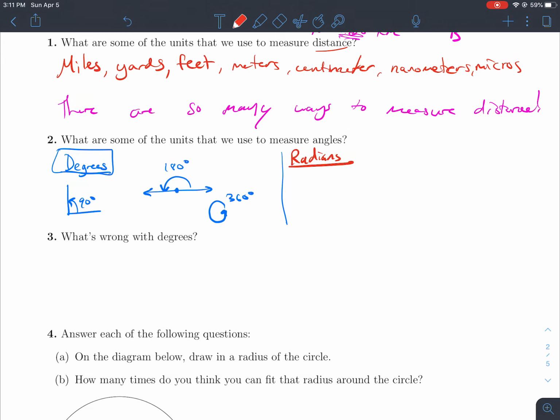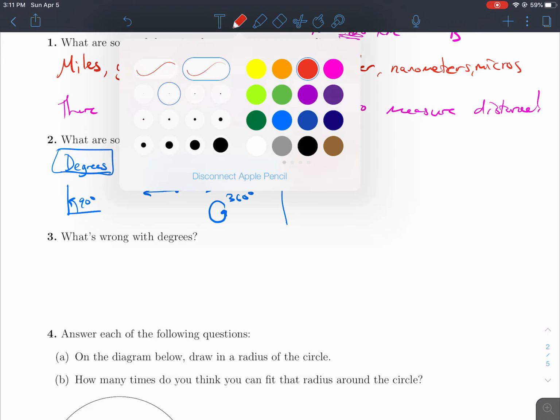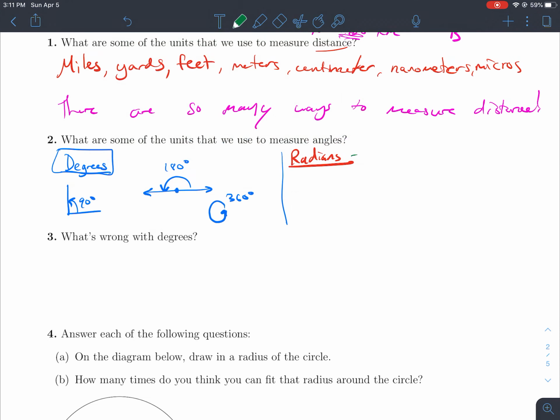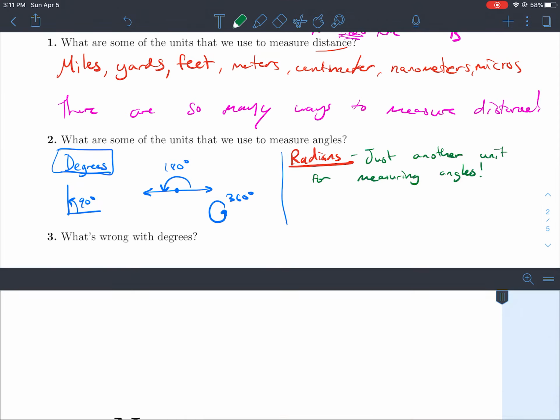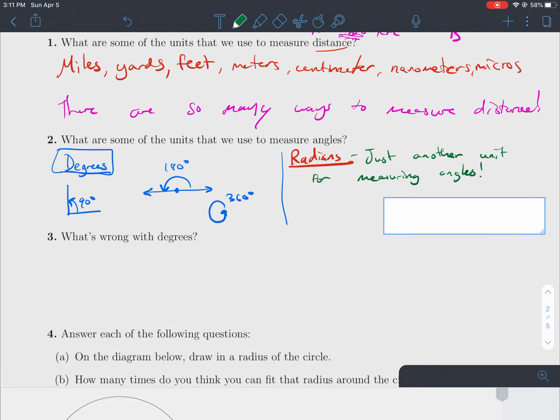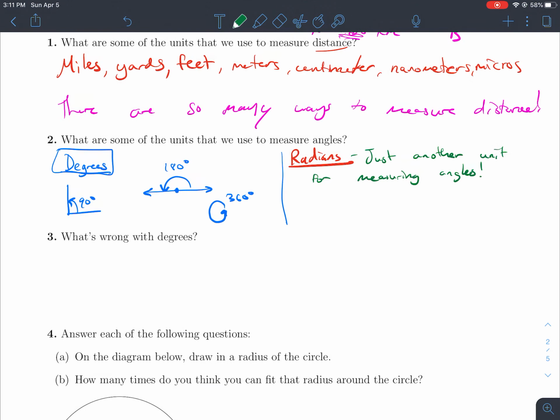So radians are just another, or sorry, let me write this down. Just another unit for measuring angles. And, oh, I keep pressing this button. I never pressed that button, the magnifying glass button, before, but now that we're remote learning, I guess I keep pressing it.